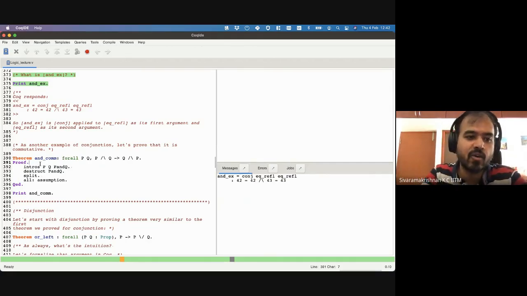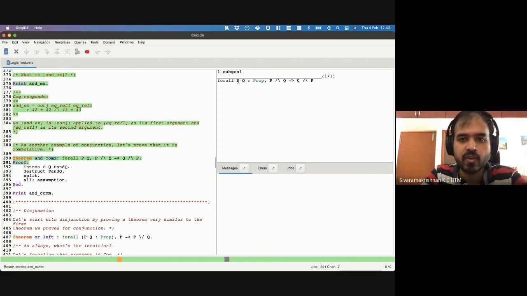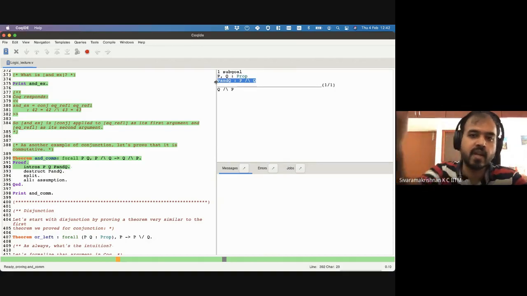But let's look at how the proof is done using tactics. So you introduce three things, right? P, Q, and P and Q. Sorry, not P implies Q, P implies P and Q. You destruct P and Q, right? Because that is part of the assumption, to get the sub evidences.